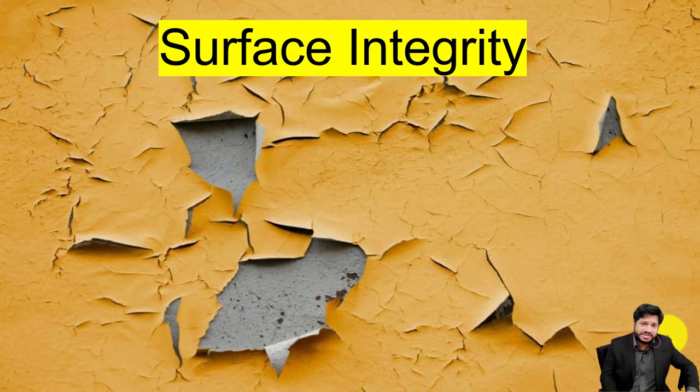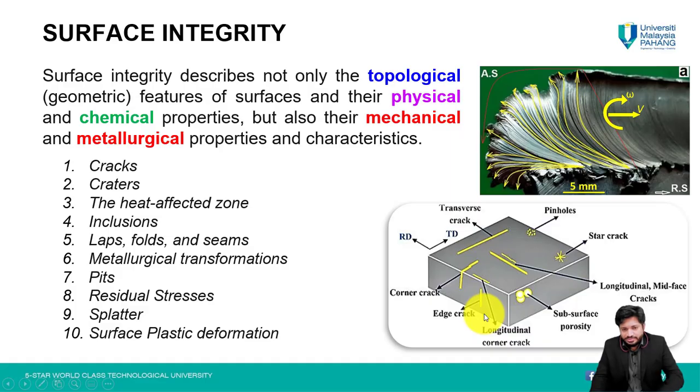So what does surface integrity include? It includes the topological, physical, chemical, mechanical, and metallurgical transformations, properties and characteristics that occur during the lifetime of a surface. For instance, we can name a lot of defect-based features that can occur during the surface lifetime of a material.